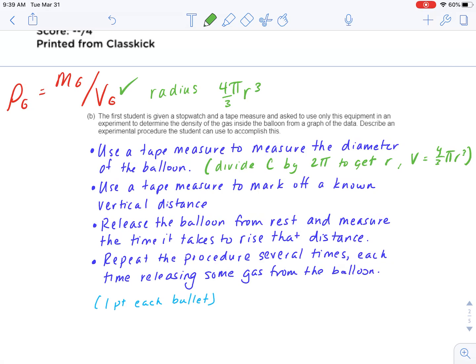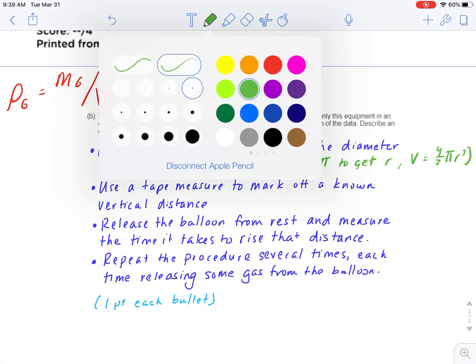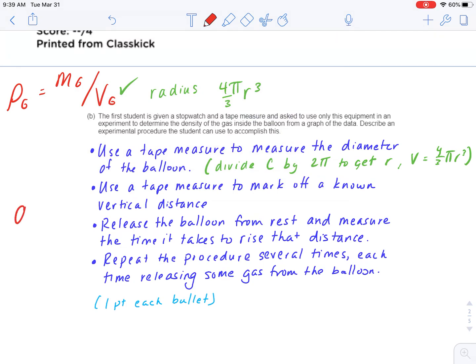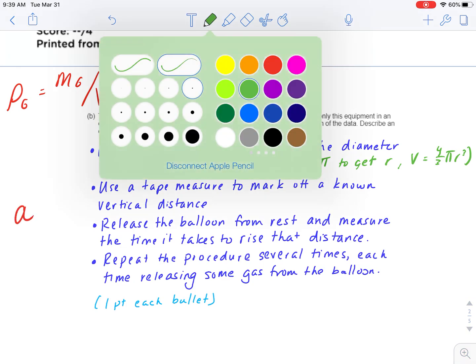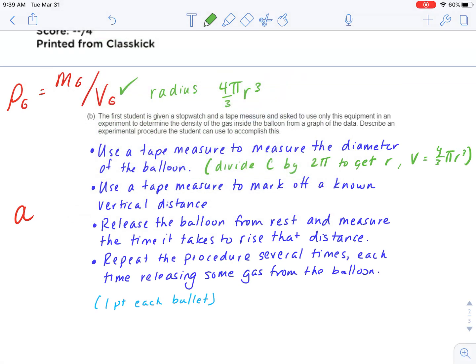Okay, next, the next thing that you know that you need to get is you need to get the acceleration of the balloon. I'm assuming, by the way, that I already have the mass of the balloon itself and the string still, like I did before.